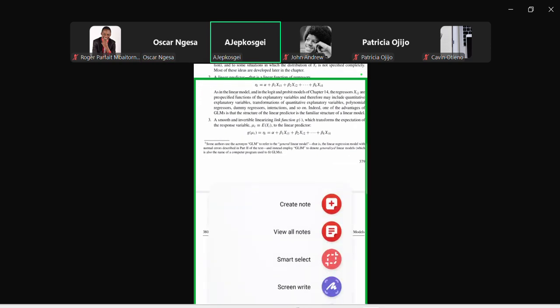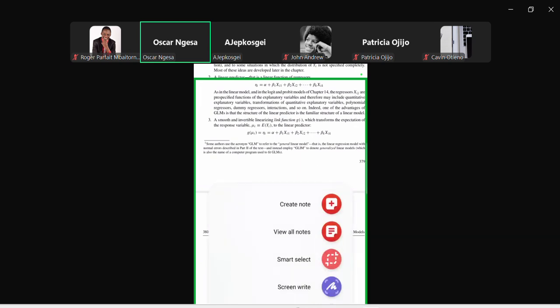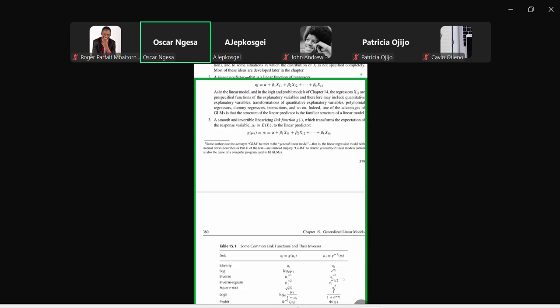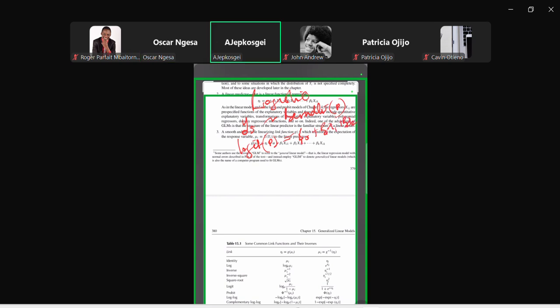How did we write it? It was yi follows Bernoulli with parameter p, and logit of p is equal to beta naught plus beta 1 x1 plus beta 2 x2. Is that okay? So this is logistic regression.